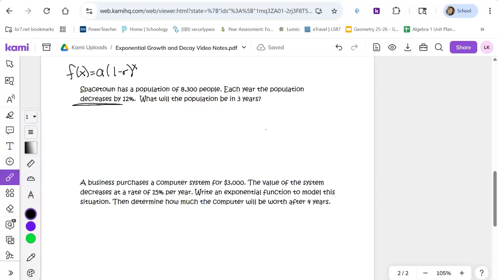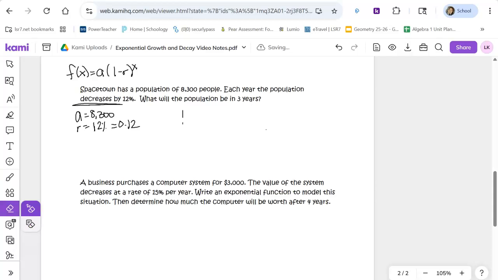So my a is 8,300. My r is 12%, which as a decimal is 0.12. So I can first just make my function.